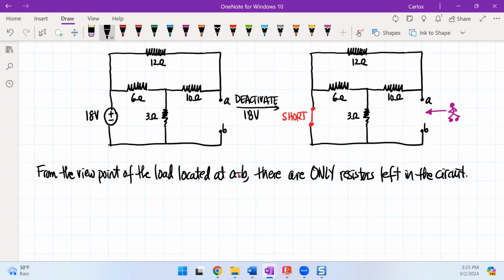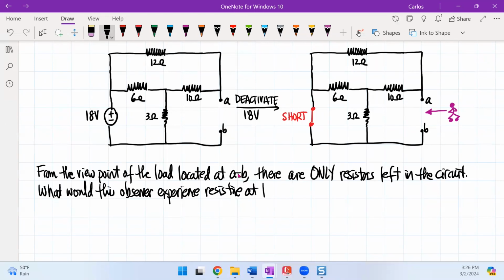So at that point, we ask, what would this observer, which is also the load, experience resistively at this location?